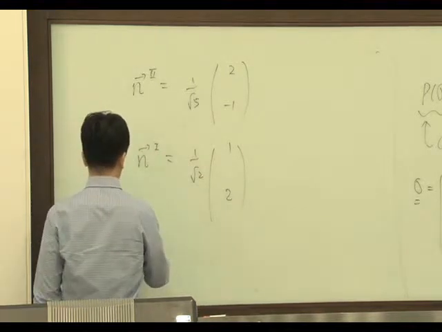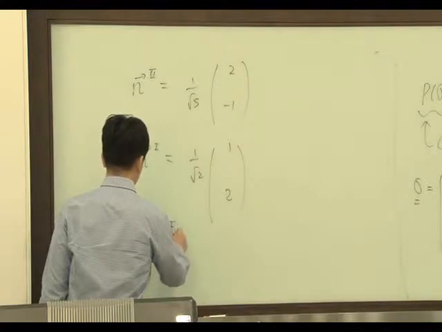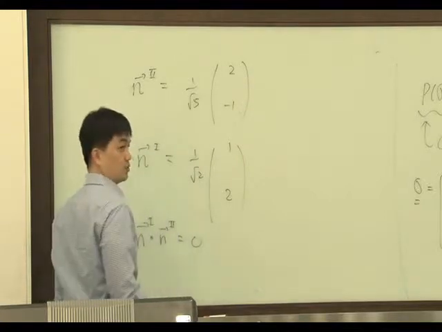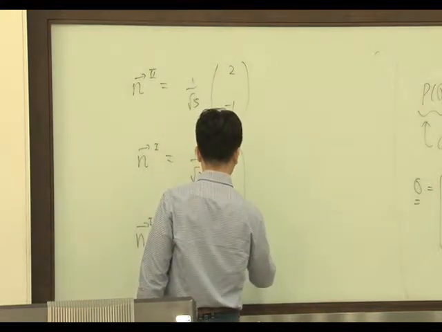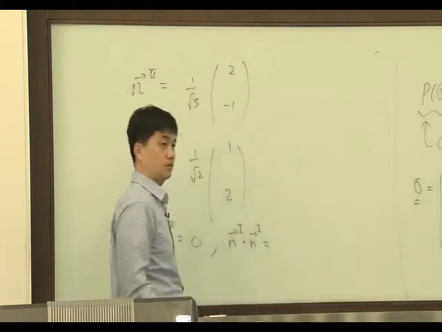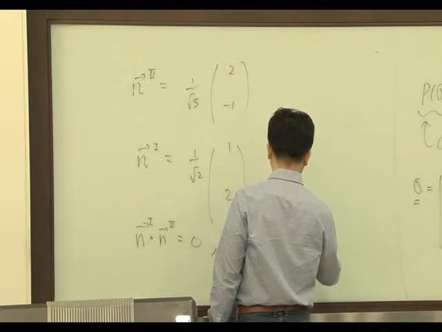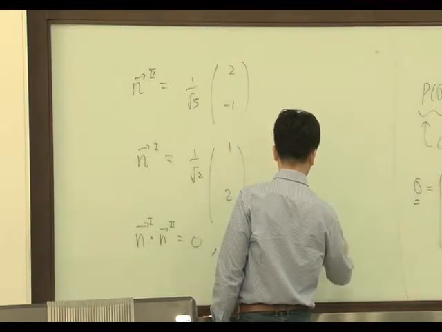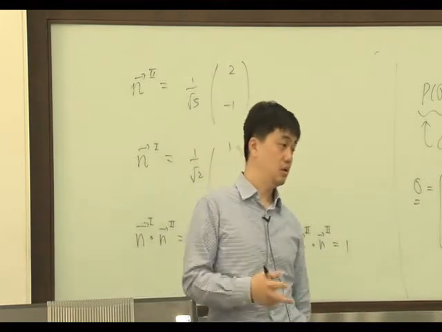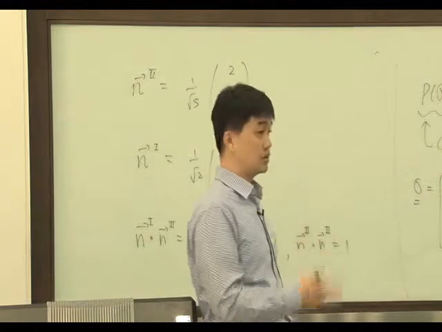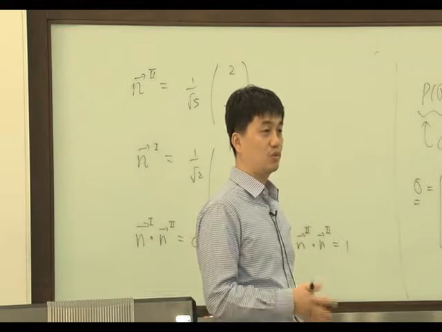So N1 and N2 dot product is 0. So the principal directions are normal to each other, orthogonal.